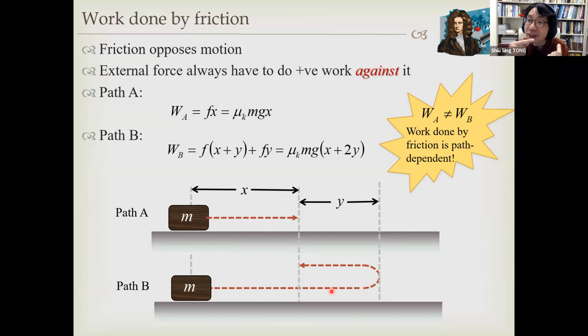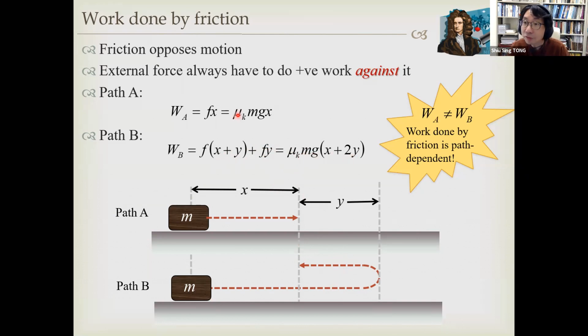It's still in the direction of my motion. And so my work done will always be positive. The work done by my external force in pushing the block forward will always be positive. So that means the other term along this path will also contribute a positive work done by my external force. And so the two terms added together will give mu_k mg(x plus 2y).